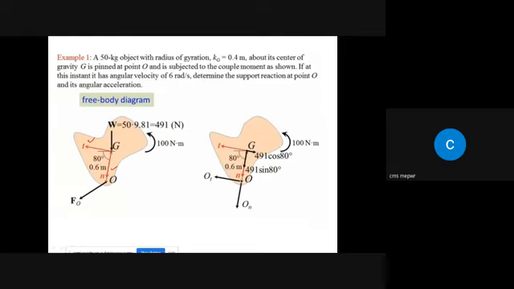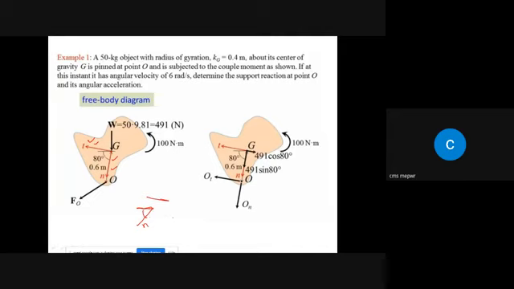Okay, so this W can have two components, one along T and one along N. Remember, this 80 degree is already given to us in the question. So what is this 80 degree? This is the angle between horizontal and N, right? And we know that the angle between perpendicular arms remains the same.